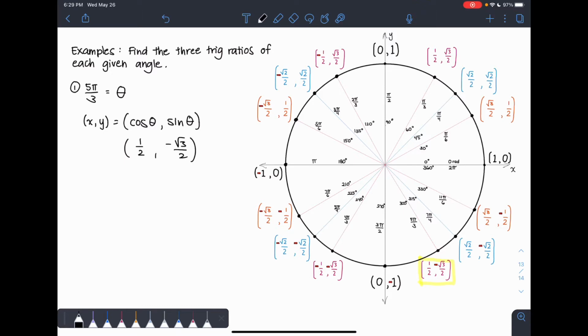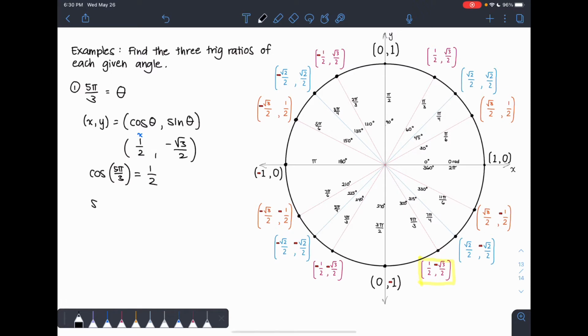Now, since we have this point, we can say that cosine of 5 pi over 3 is going to equal the x value, which is 1/2.